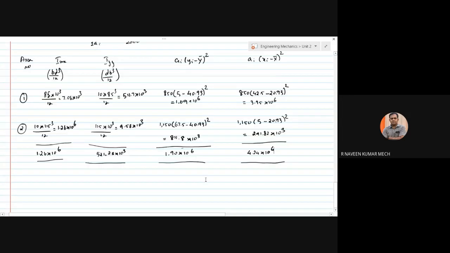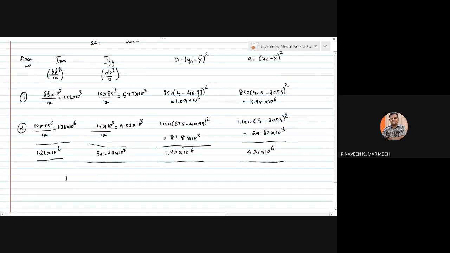This is the value. So now we want to find Ixx, which is summation of Ixx plus summation of Ai (yi minus y bar) whole square. Here Ixx is 1.26 into 10 to the power 6 plus 1.90 into 10 to the power 6.